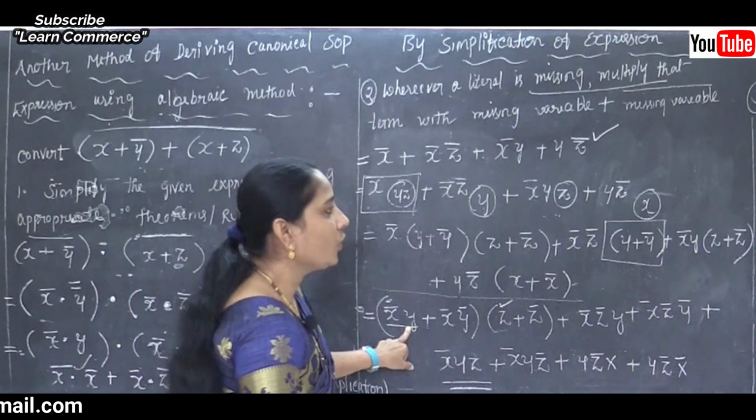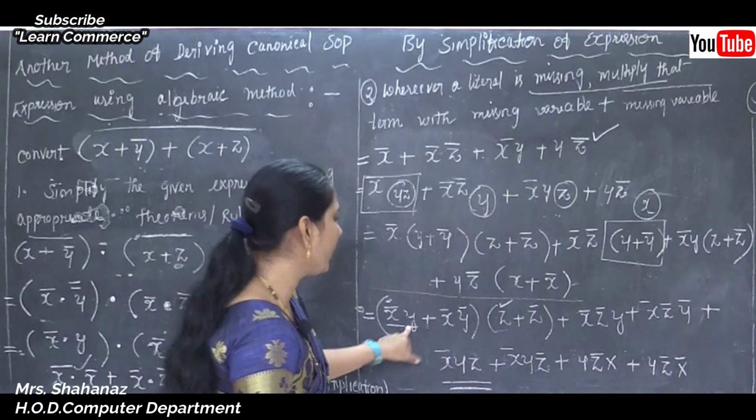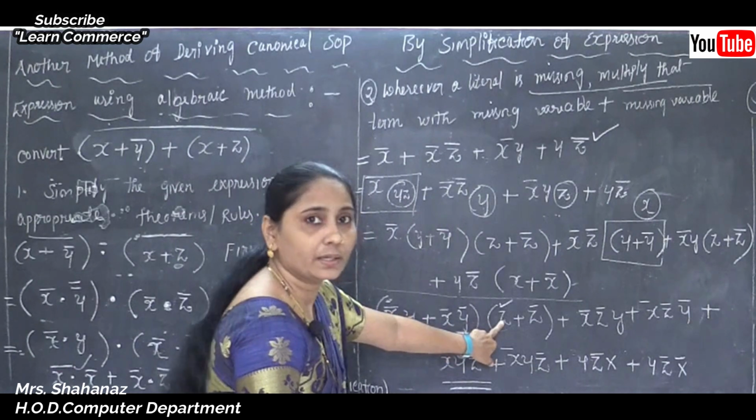Next line is the complement x, later the next one complement of y, z. Clear this point here?